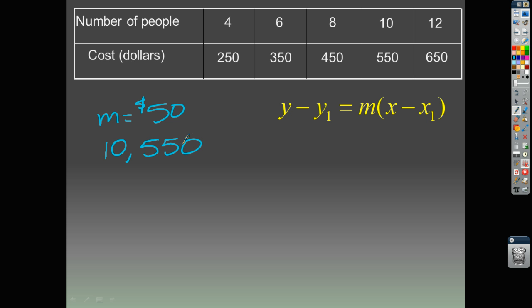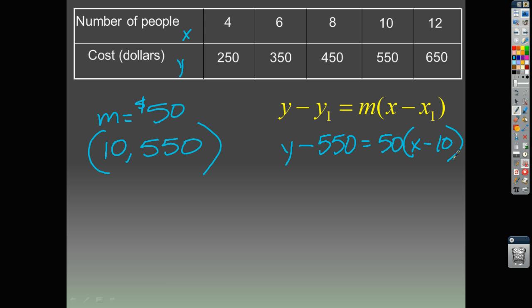So the overall cost, we'll make y, and the number of people we'll make x. So using 10 and 550, I can say y minus 550 is equal to 50 times x minus 10. And there you have it.